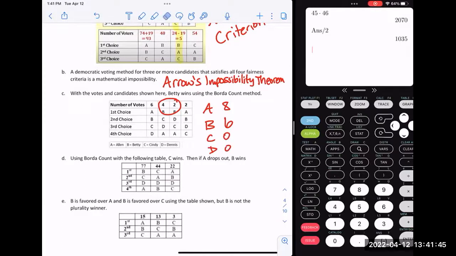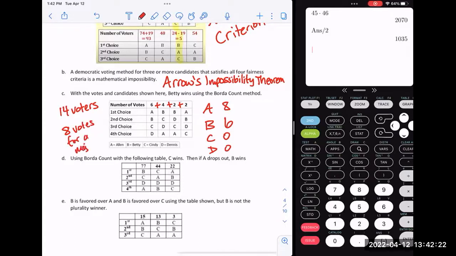So if I just look at first place votes, it's really down to A and B. And how many total voters are there here? If I add my 6, 4, 2, and 2 voters, it looks like I have a total of 14 voters. So half of 14 would be 7. And if I wanted a majority, that would need to be more than that. So that means I would need 8 votes for a majority.